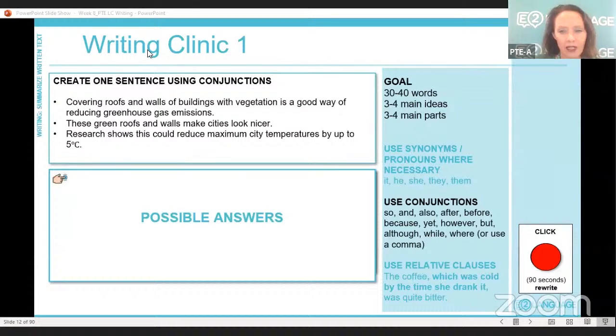I'd probably say covering building walls in plants. Looks fabulous and is good for the environment. Very good. So looks probably attractive. Fabulous is a little bit not academic. It's a bit too spoken English. It's a good word, but it's not as formal, I would say.